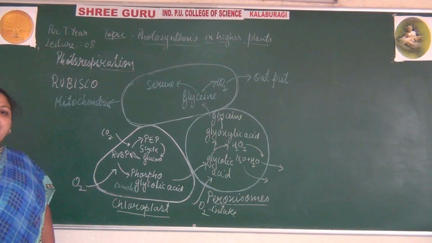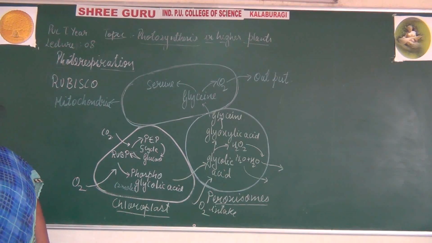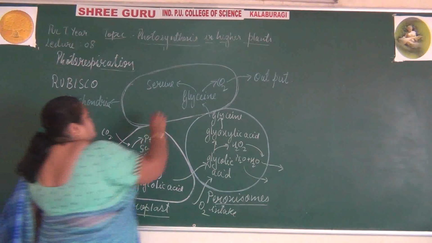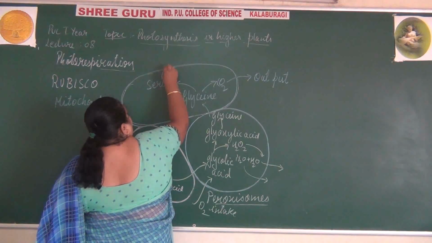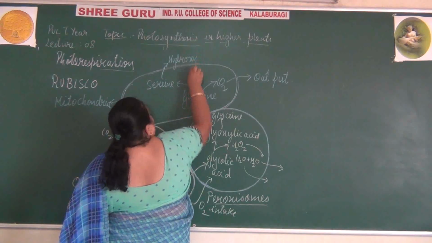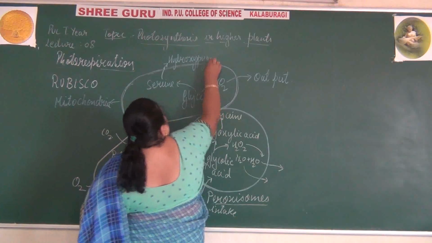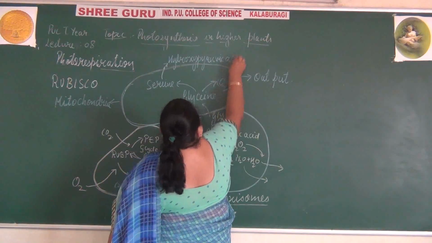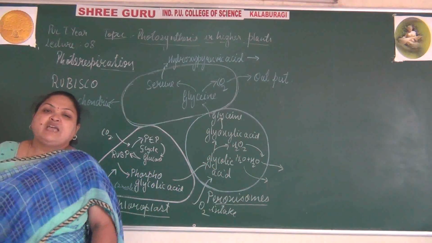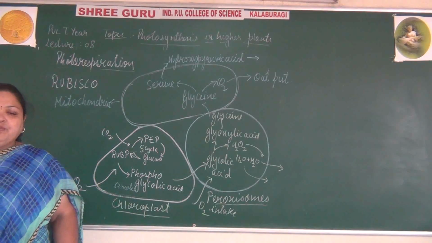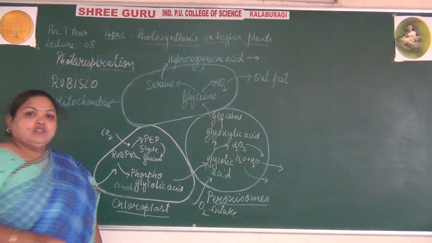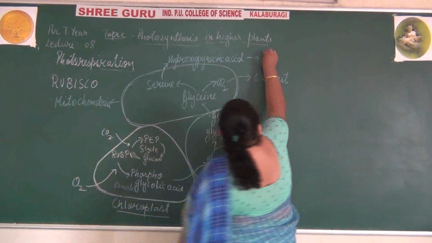The serine in the mitochondria is converted into hydroxypyruvic acid, which is released into the cytoplasm of the cell as a product from the mitochondria to form phosphoglyceric acid.